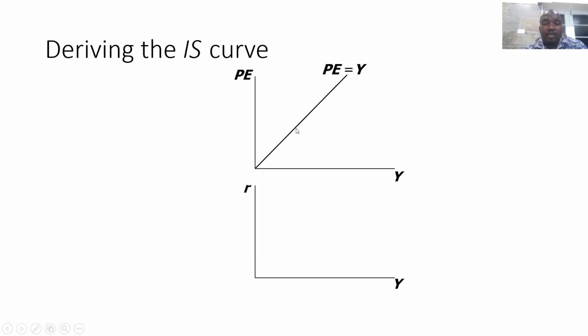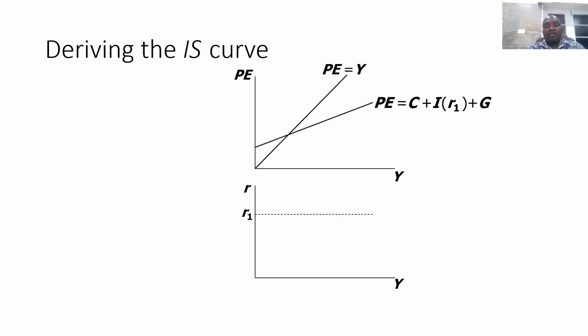But along the 45 degrees line, aggregate expenditure or planned expenditure, as in this exposition based on N. Gregory Mankiw's book, aggregate expenditure is called planned expenditure. Along the 45 degrees line, we expect aggregate expenditure or planned expenditure to be equal to the available output.